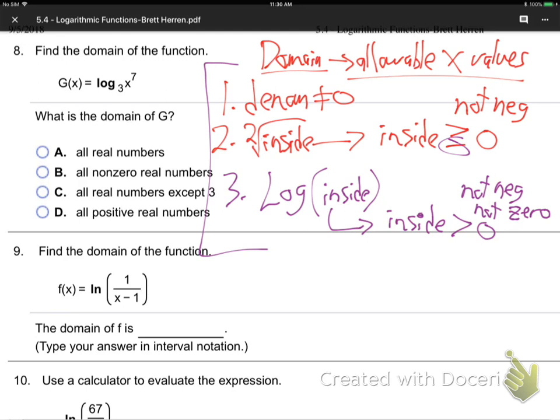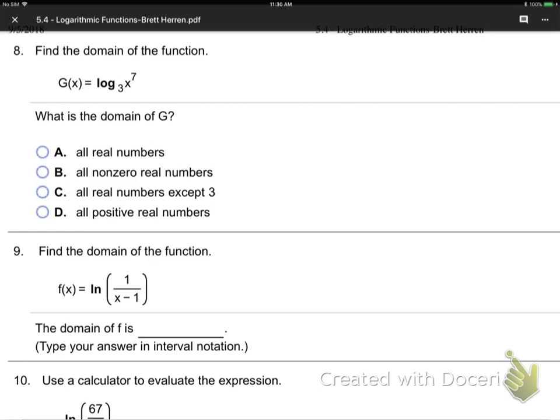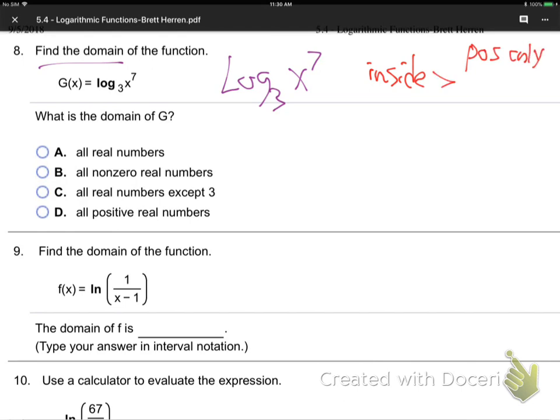Okay, so if we got those down, let's look at number 8. Number 8 gives us the function log base 3 of x to the 7th, and they're asking us to find the domain. So what have we learned to do? You take the inside, and it has to be positive only: not negative, not 0, so greater than 0.